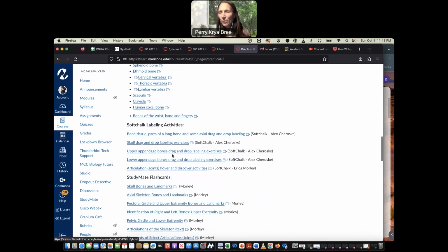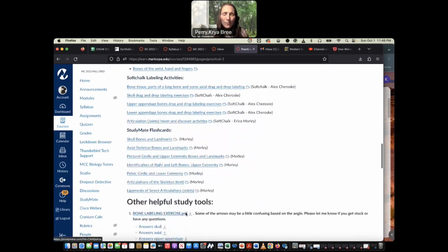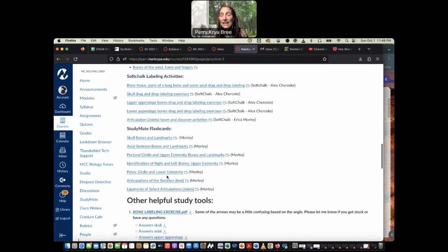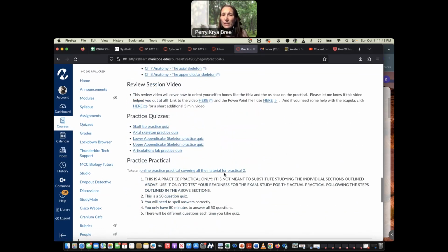So they don't have those in quite yet. But you can do the soft chalk labeling exercises. They do have the lower appendage for that one. And then, of course, study made flashcards. So there's pelvic girdle and lower extremity here. So again, some of those tools that you have.